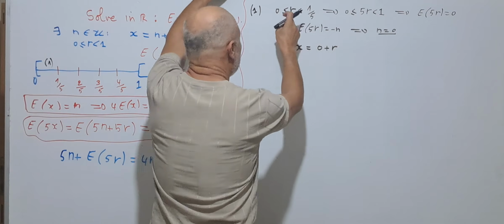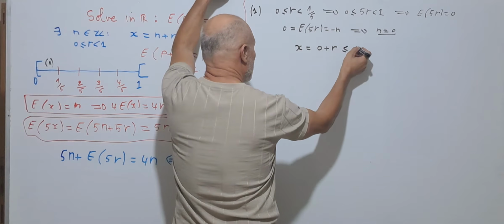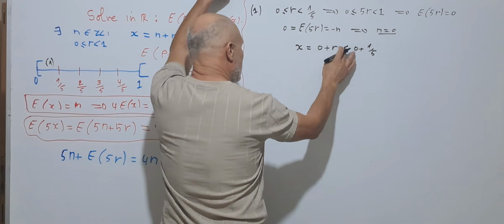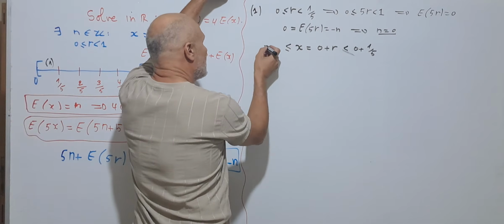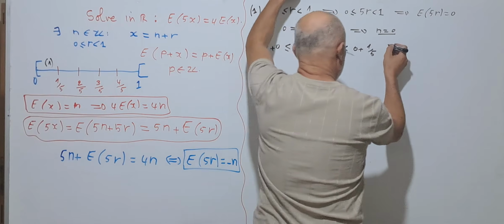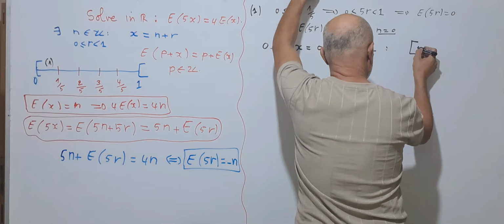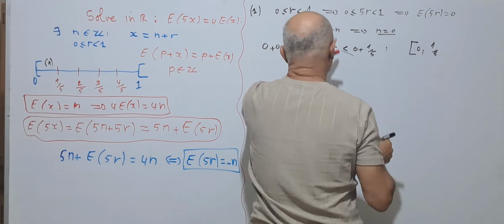But r verifies that it is strictly less than 1 over 5 and greater than or equal to 0, which means that here the solution is [0, 1 over 5).